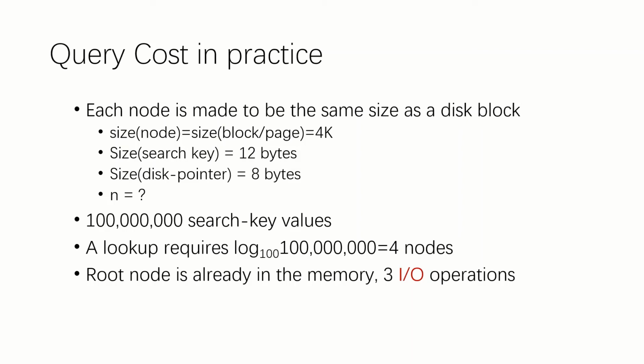So on average you have only 100 pointers pointing out, meaning the branching factor, the fan-out, is going to be 100 instead of 200. With that reasoning, it will be log n base 100, which is log 100 million base 100, which gives 4. Since the root node is already in memory, we are left with 3 I/O operations. Okay, so we cleared this up.